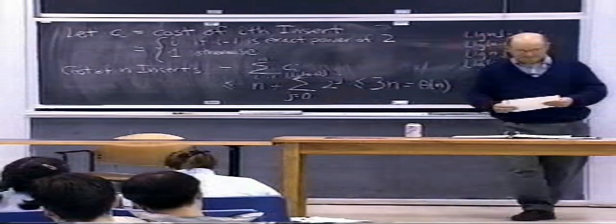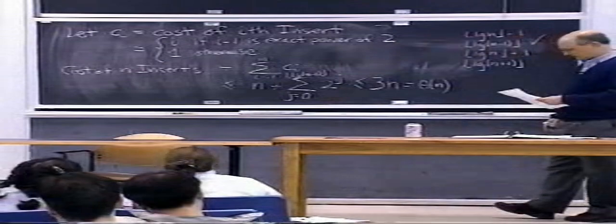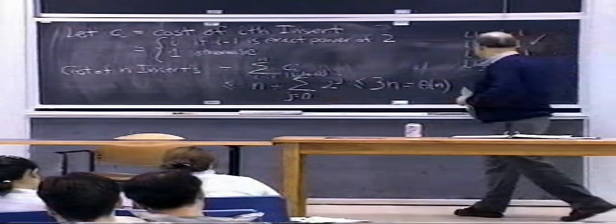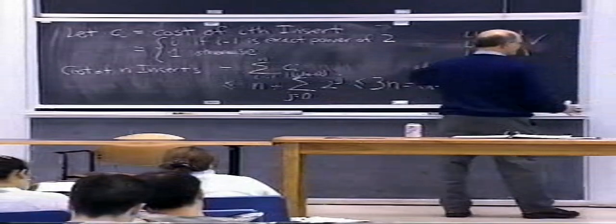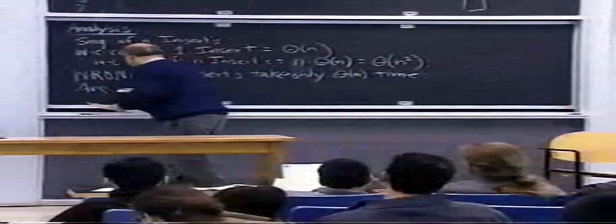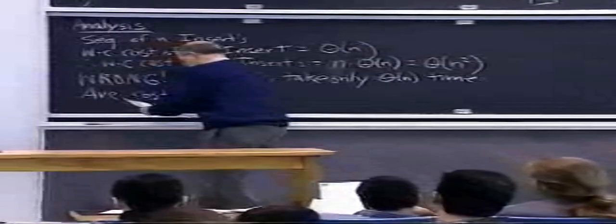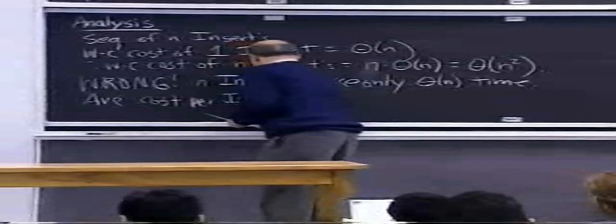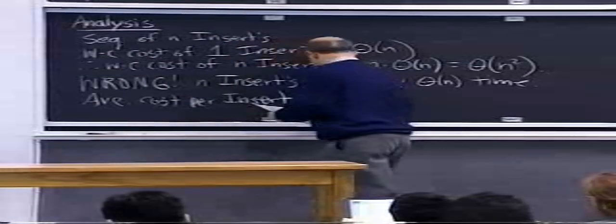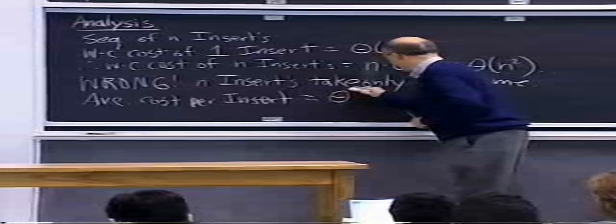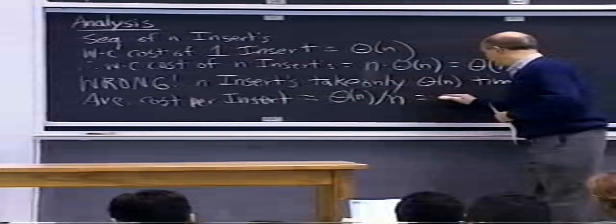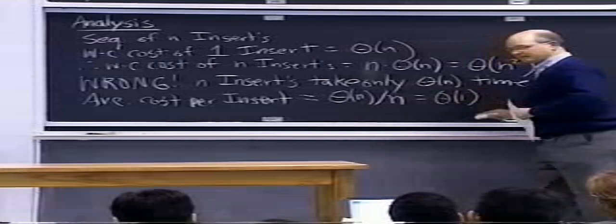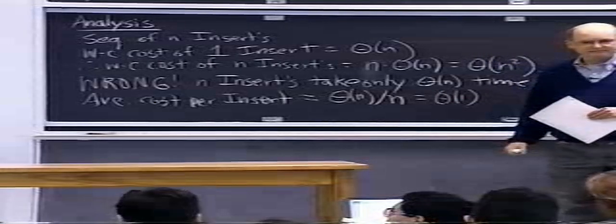Everybody with me? So the average cost per insert, what's that? That's just theta n over n, which is order 1.